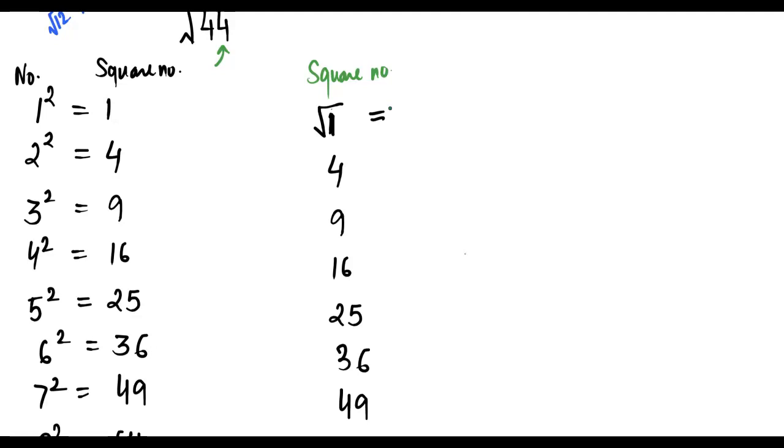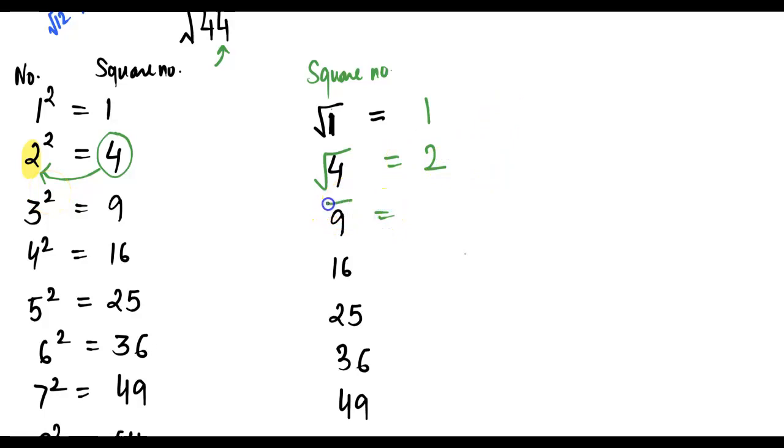What number gets squared to give us 4 or 1? So square root of 1 is finding which number is squared to get 1. It was 1 only. Square root of 4: which number is squared to get 4? 2 was squared, so 2 is the root of the square number 4. So we're going to be getting 2.